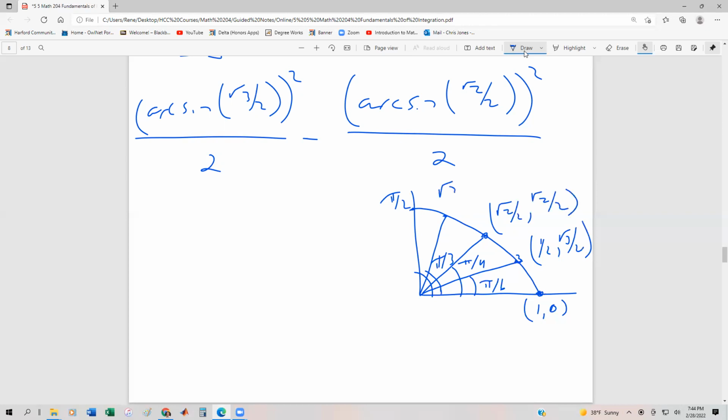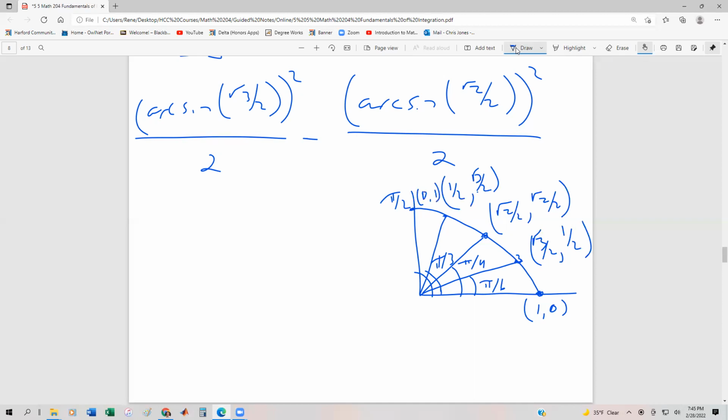And over here, this one's going to be 1/2, comma root 3 over 2. And then finally right here, this is the point 0, 1.